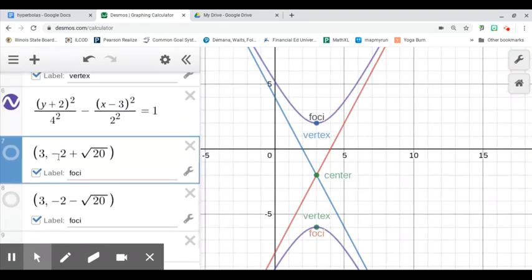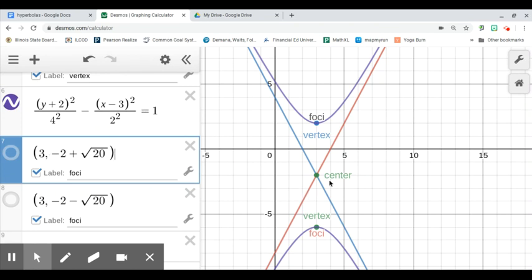And then where am I coming up with the square root of 20? Well, the relationship between a, b, and c is the number that we're going to use for the focus or for the foci. It's a Pythagorean relationship. A squared plus B squared equals C squared. So this 20 is simply 4 squared or 16 plus 2 squared or 4. 16 plus 4 is 20.